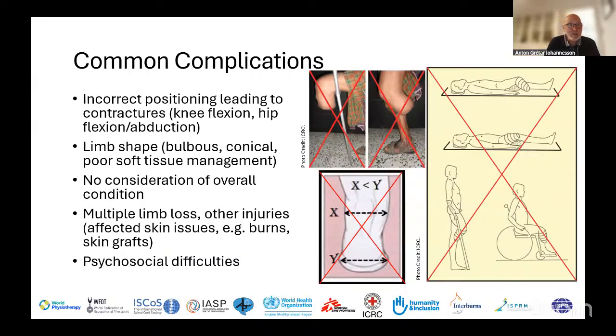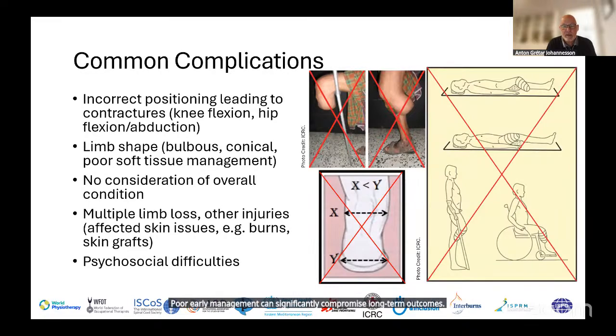I continue with the last slide on common complications. Rehabilitation must start early, not after healing, but during healing. Poor early management can significantly compromise long-term outcomes.